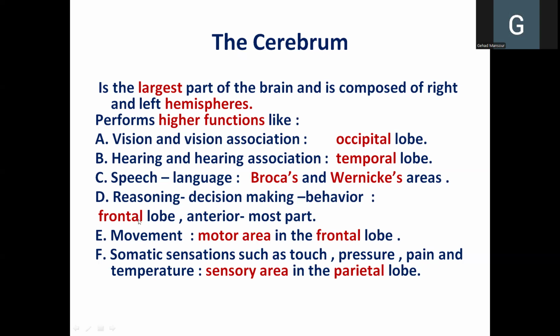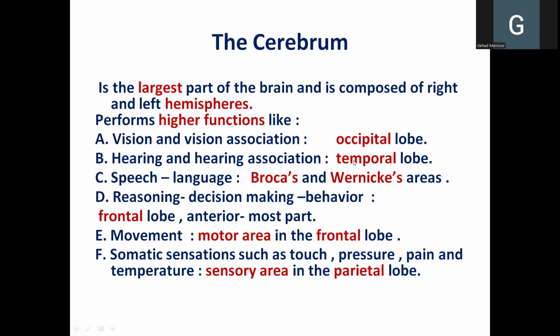Concerning the higher functions of the frontal lobe, they are mainly very sophisticated. They are related to the most difficult functions that a human brain can do, which are the reasoning skills, the decision-making skills, the logical skills, and behavior, especially in the anterior-most part.